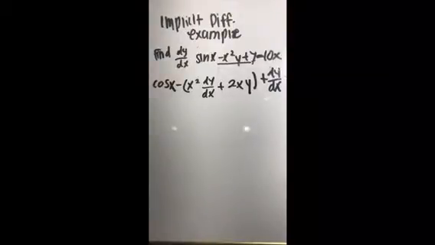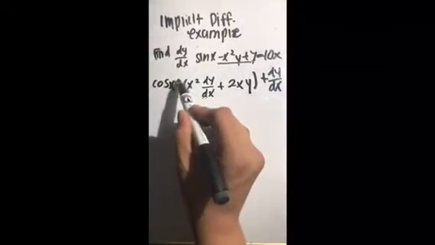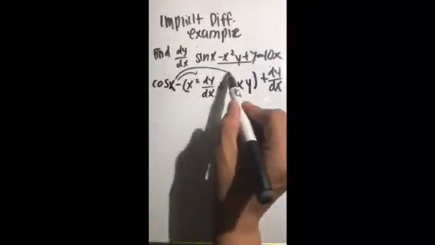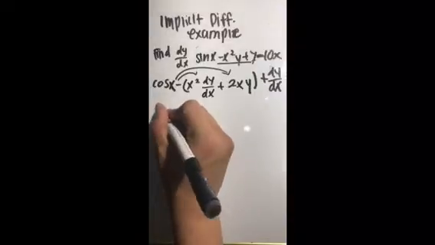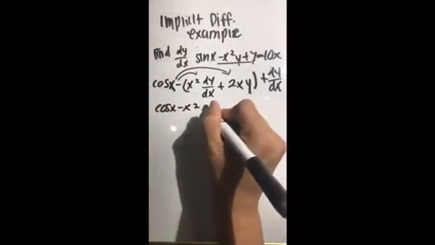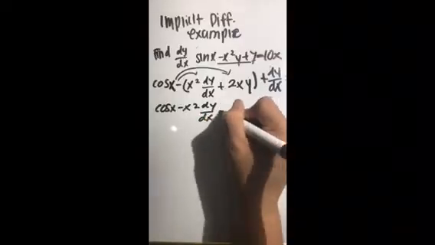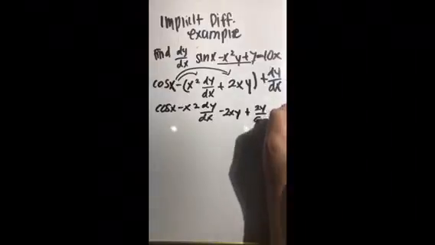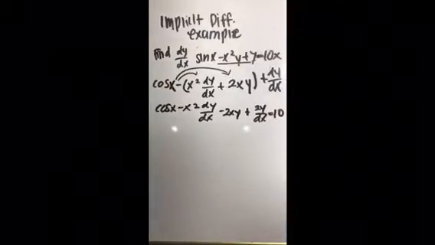From there, now we can distribute our negative, since we have our product rule in parentheses. So we're going to distribute our negative. So it comes out to cosine x, negative x squared dy/dx minus 2xy plus dy/dx equals 10.